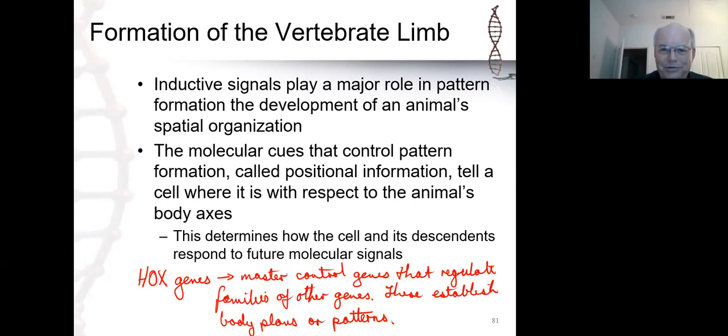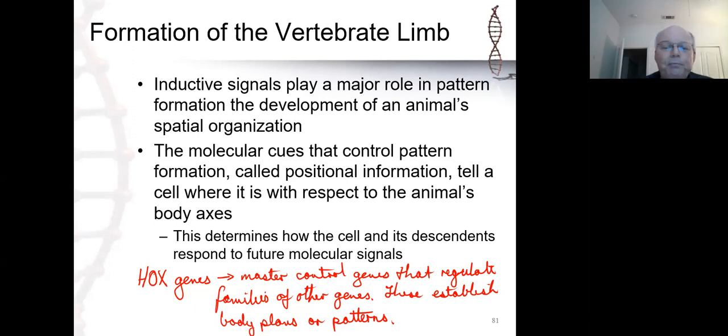We've seen determinants can do that. We've seen that random acts like sperm penetration into an egg cell can do that. We've seen that inducers can establish body axes. What we're going to look at now is how cells can be told what position they occupy with respect to those axes, because that establishes body plan or body patterns.